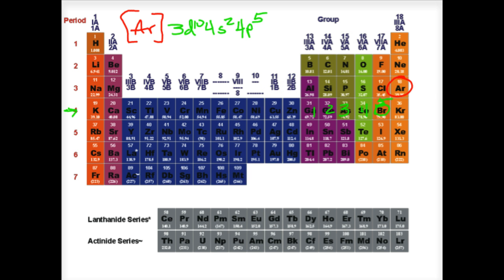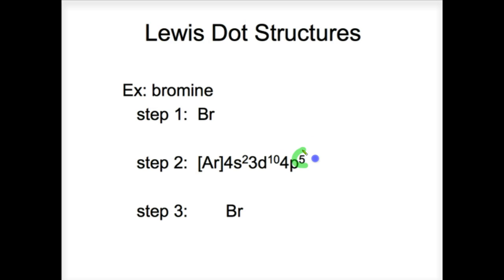Since I have the noble gas configuration, that means I better recognize that 4 is my highest number, so 2 plus 5 are my valence electrons. So if 2 and 5 are my valence electrons, that means I better have 7. So 1, 2, 3, 4, 5, 6, 7 valence electrons on bromine.